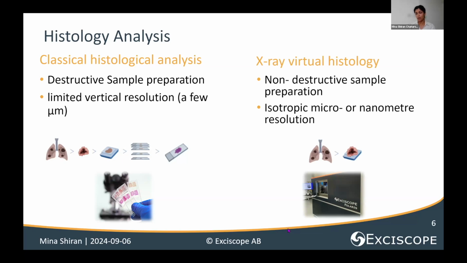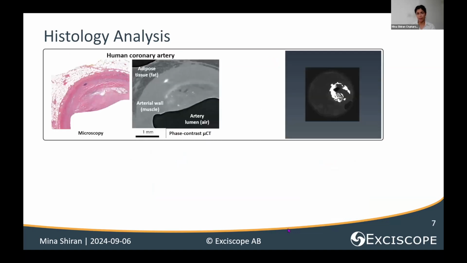It also provides isotropic micro and nanometer resolution in different directions, as well as information in a 3D data volume. So it is possible to virtually slice the sample later and get information from the sample in different directions. So here I would share an example comparing optical microscopy and phase contrast micro-CT on a human coronary artery.